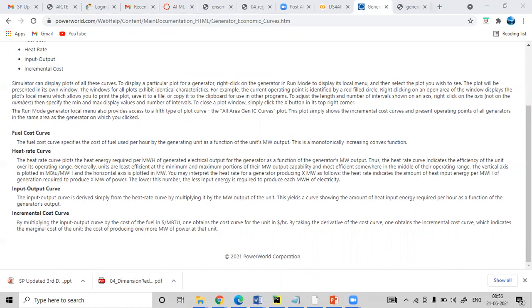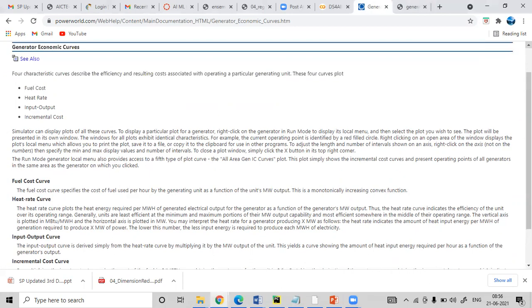Okay, you can see here these basic curve definitions: the fuel cost curve, heat rate curve, input output curve, and incremental cost curve. Basically, these curves are drawn at the generator end by the simulator, right? What is the fuel cost curve?